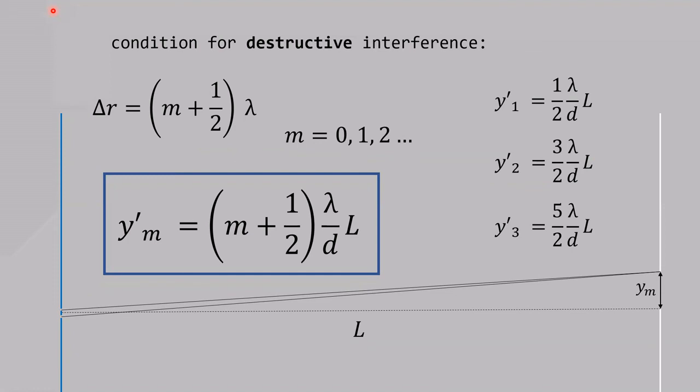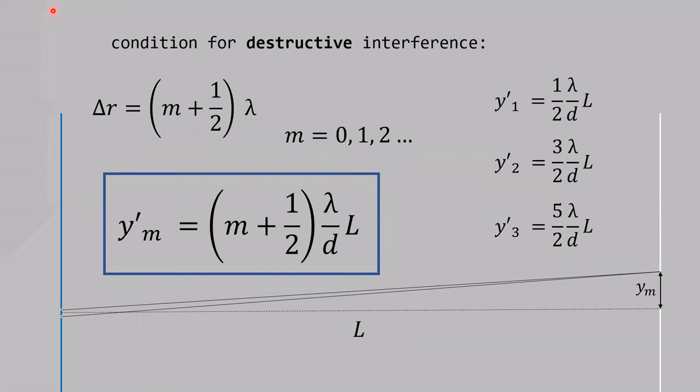As far as calculating the location of the dark fringes, that's the interference minima, we've done most of the work already, so we'll just kind of gloss over this. If you go back to the condition for maximum destructive interference, you'd see that the total phase difference has to be an odd multiple of pi.